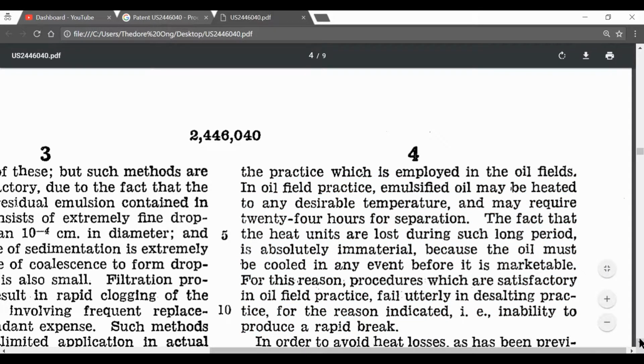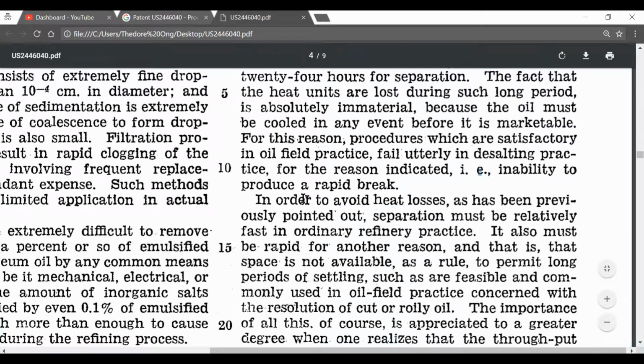It says that in upstream oil production that is not so important. But when you talk about refinery, you have to conserve heat, because that adds up to your cost really quickly.